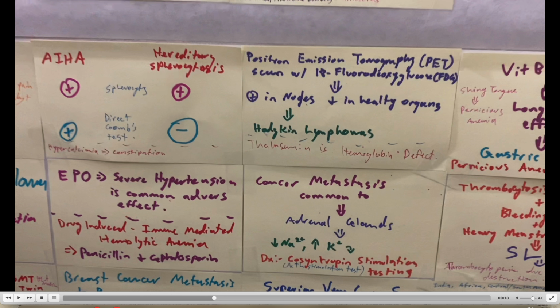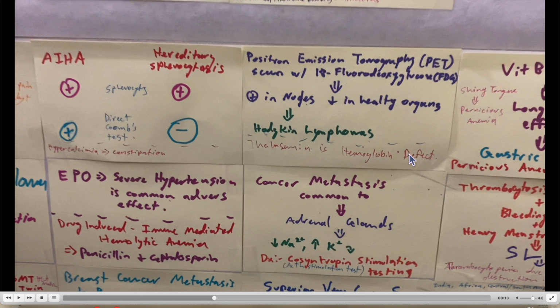So if you get a positive positron emission tomography scan with 18 FDG, you might think if you have it in, let's see, lungs or something. Actually they pick up this scan. So even if you don't have lymphoma, it may pop up in the scan. However, if you have it in nodes, chances are you do have Hodgkin's lymphoma then. Okay.